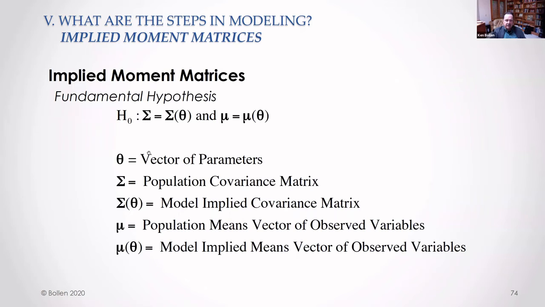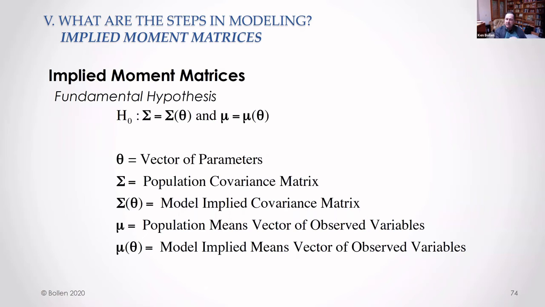That's what sigma is, the population covariance matrix of observed variables. So these are the z's, and we're just taking their covariance matrix. The mu stands for the population means of the observed variables. And so this is what they would be in the population. This theta is a vector that contains all of the parameters in the model that you formulated.